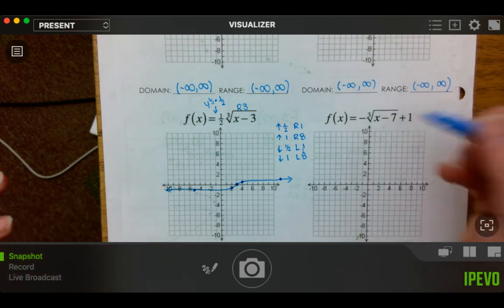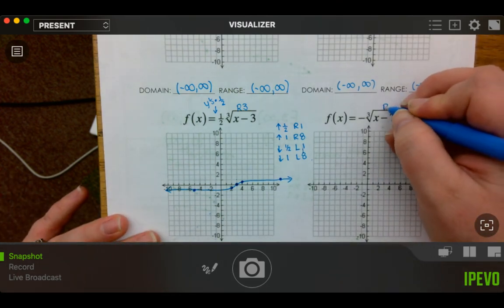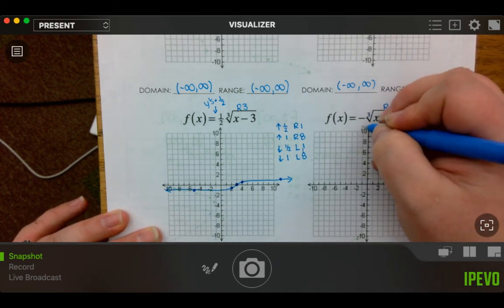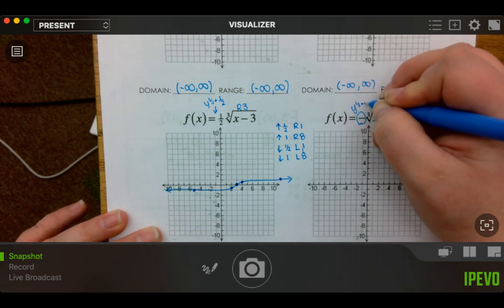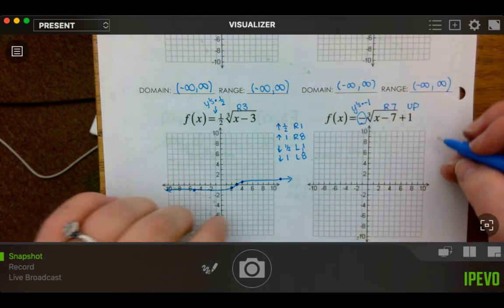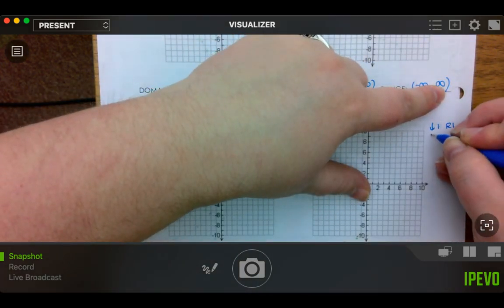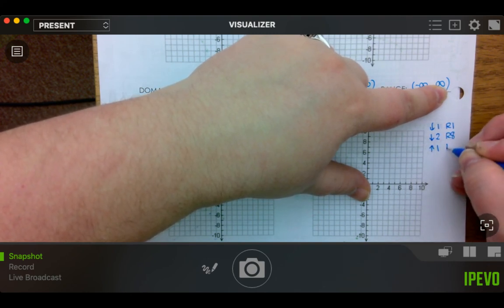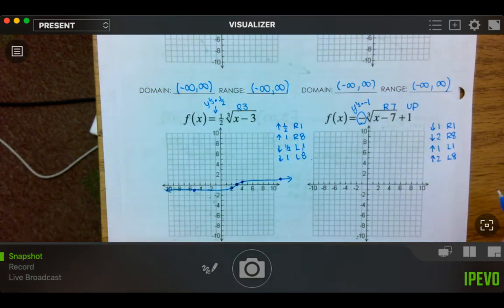And then I'm going to go ahead and do this one, and then I'll draw my domain and ranges for you guys. So this is going to go right 7, up 1, and because this is a negative, you're going to multiply your y's by -1. So my new pattern is going to be down 1, right 1, down 2, right 8, up 1, left 1, up 2, left 8. So the ups and downs are just flip-flopping.